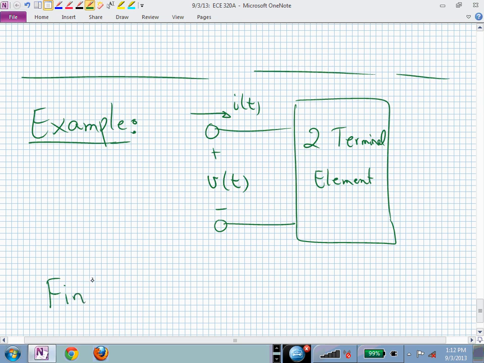And I'm now going to ask, find the complex power for this element. And that might be some combination of resistive, inductive, capacitive elements. And they might be interconnected in some weird way. All you know is V and I.